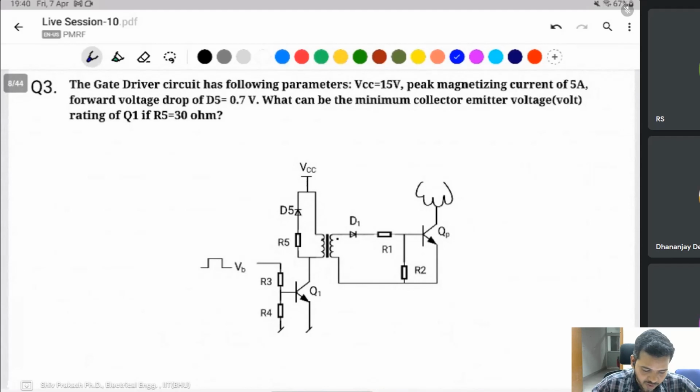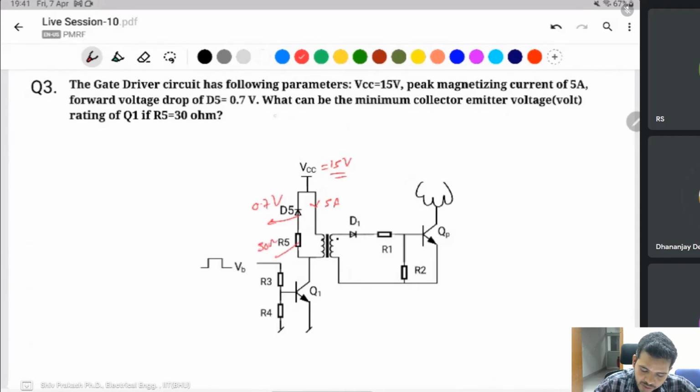Coming to the question, it is given a 15 volt VCC and the peak magnetizing current is given as 5 ampere. The forward voltage drop of D5 is given as 0.7 volt, and this one is given as 30 ohm.